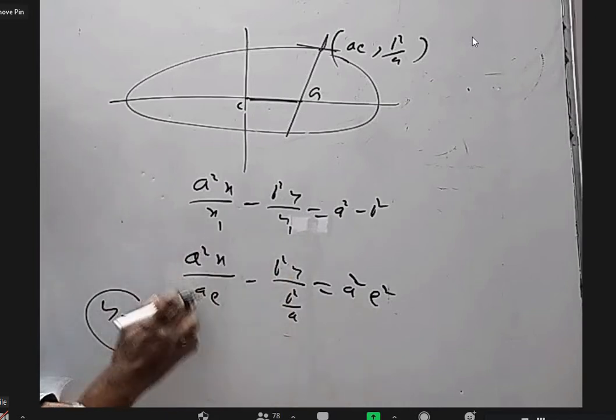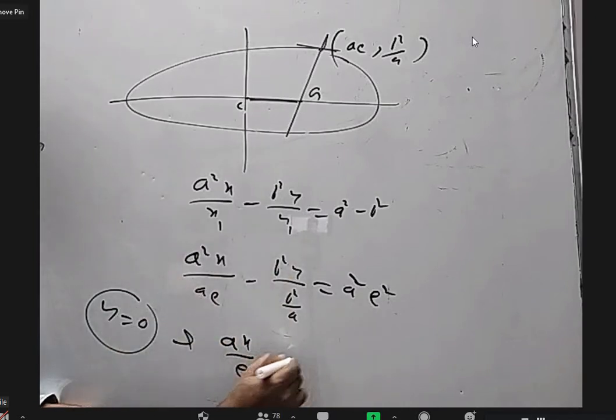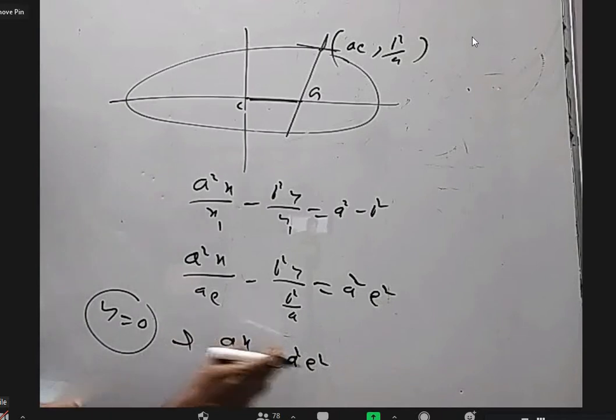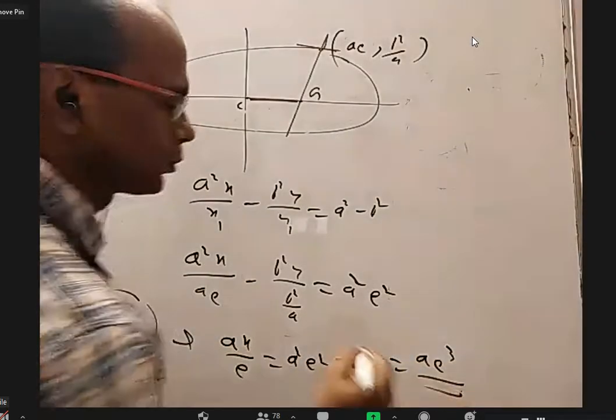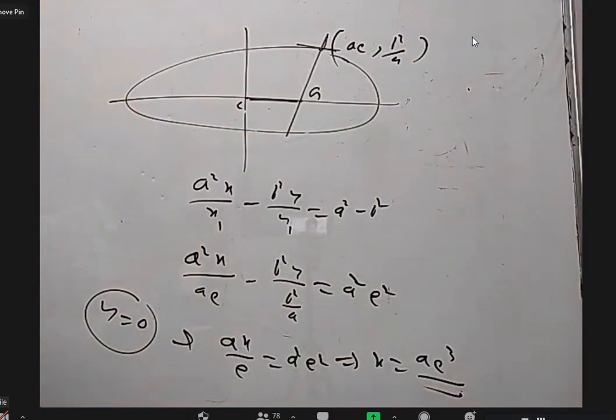This will become 0. Here a will cancel. I'll get ax by e is equal to a square e square. Cancel a and e that side. We'll get x is equal to ae cube. That's all. Take the end of the latus rectum, draw the normal there, find the x-intercept. That is the answer. Yes, sir.